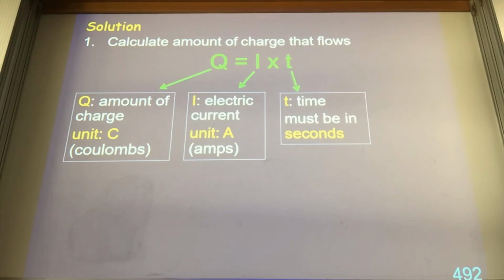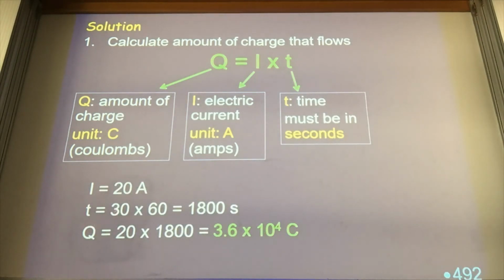We've got 20 amps, we've got 30 minutes, so times it by 60 to get to 1800. And multiply the two together, we'll get 3.6 times 10 to the 4. Now, the number of coulombs is always a really big number. Don't be put off by that. In fact, if it isn't a very big number, you've probably done something wrong.